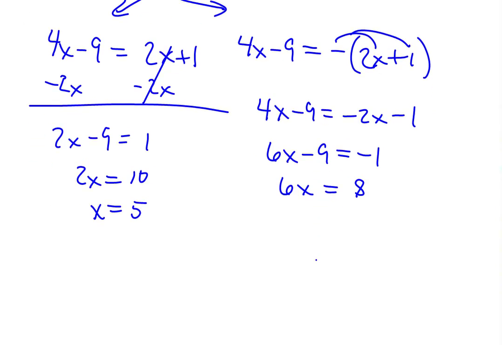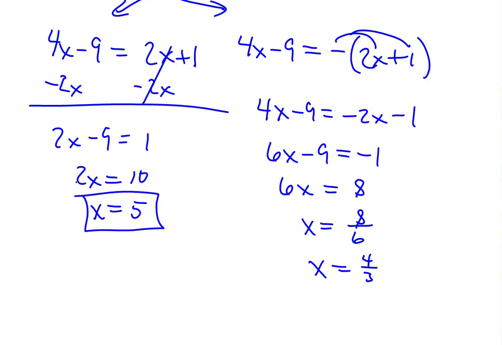And then we'll divide by 6 on both sides to get x equals 8 over 6, which of course you could reduce. So let's write this out as our other solution here: x would equal 4/3, which is just 8/6 reduced. So we have two possible solutions here, x equals 5 and x equals 4/3.